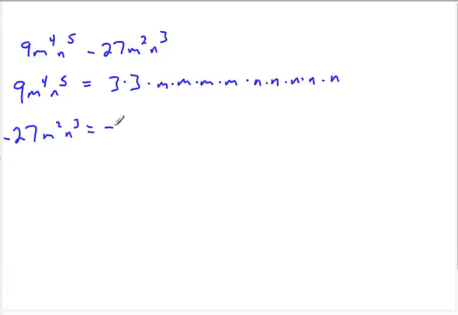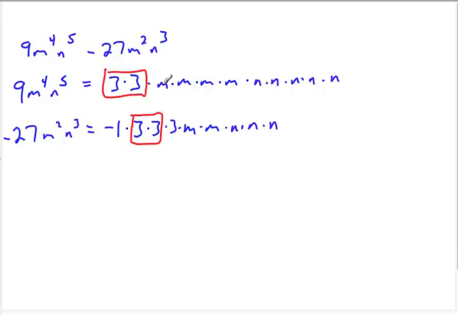And this one we have a -1, so we don't forget the negativity: 3 3's, 4 m's, and 5 n's. All right, so what do they have in common? We've got 2 3's in common. We've got 2 m's in common. And we've got 3 n's in common.